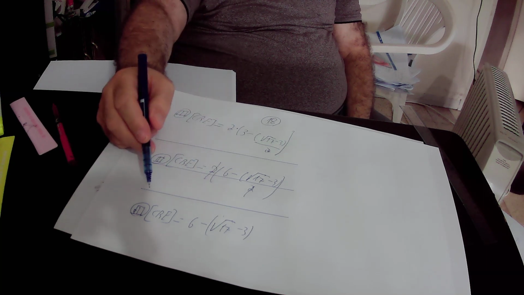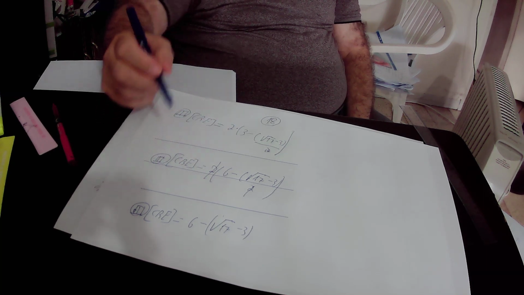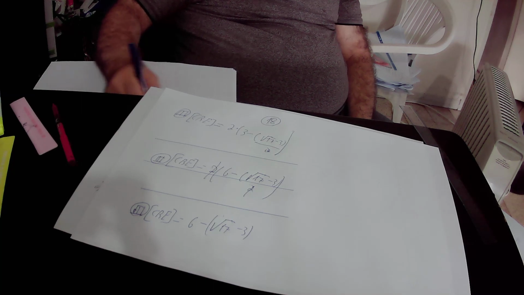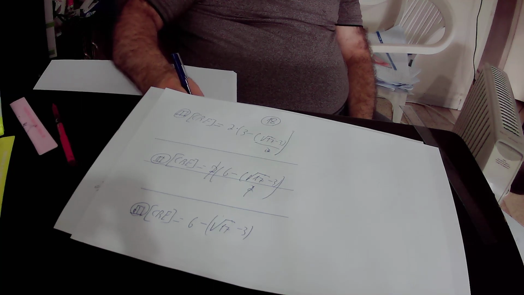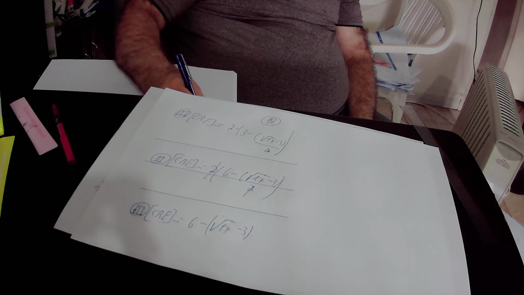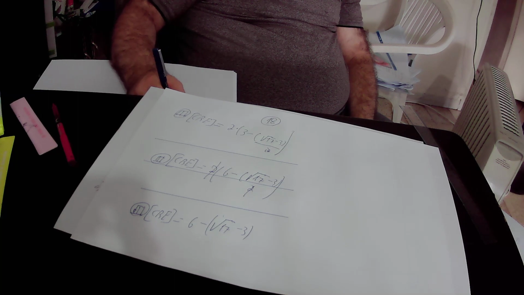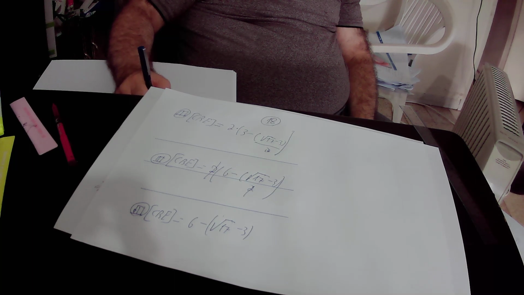Here we will open the brackets of this equation number 3, and we will get that the area of the green right triangle CBE equals 6 minus square root of 17.